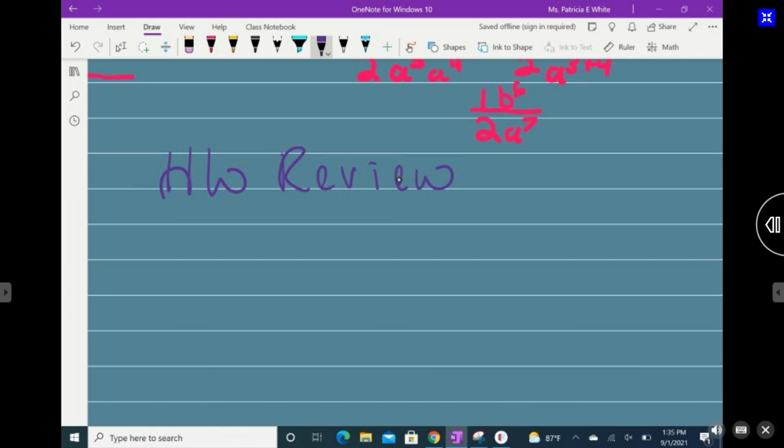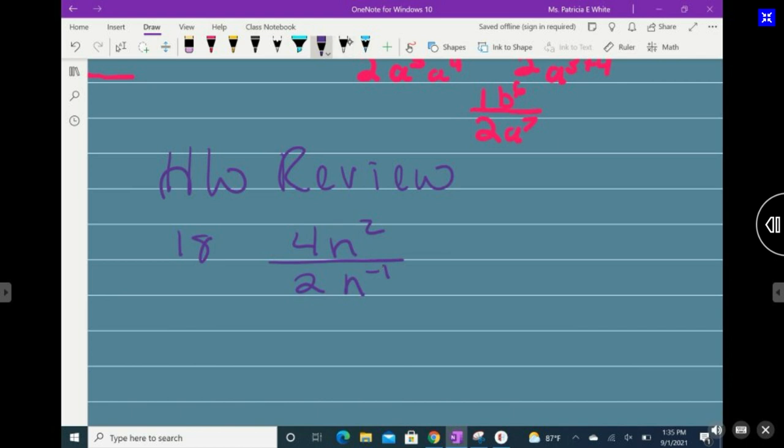All right, number 18. 4n to the second over 2n to the negative 1. Who moves? Who's going to move?